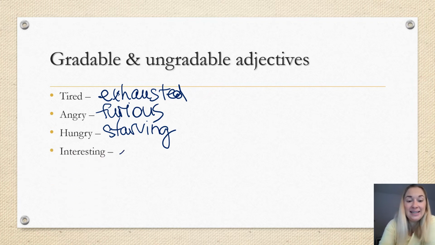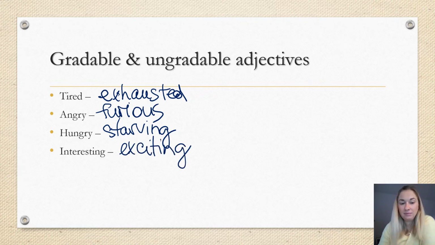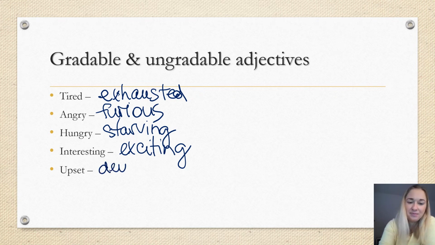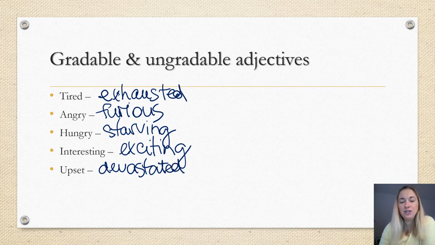Interesting, exciting. It's an interesting book. Okay, that's good. But it's a very exciting book. Well, it's one of the best, I would say. Upset, devastated. You have seen no solution.